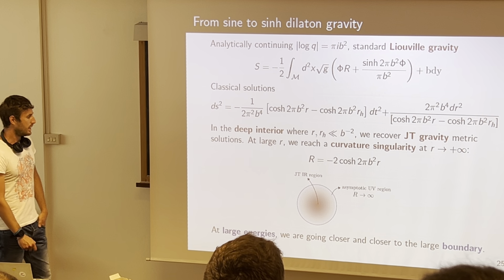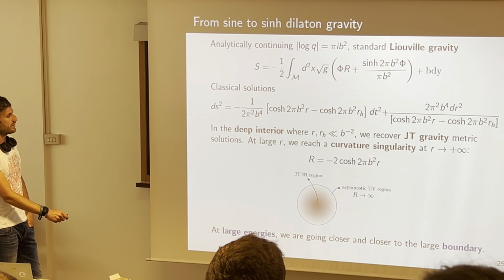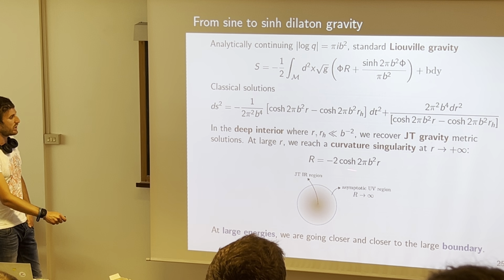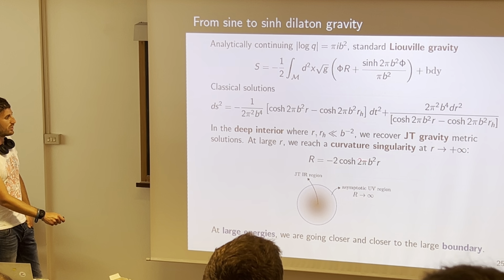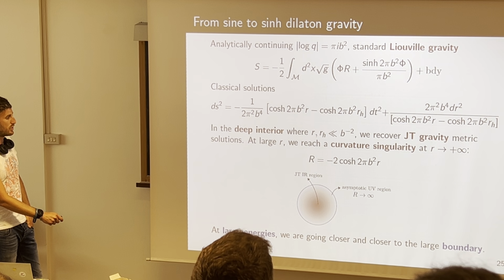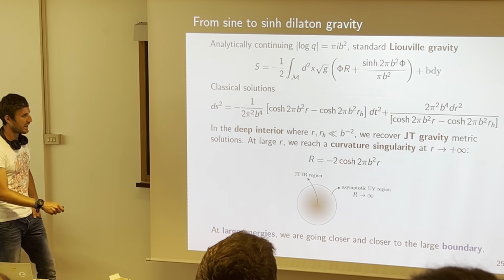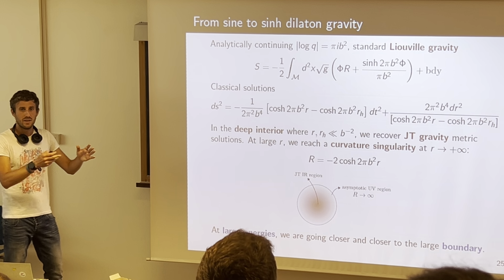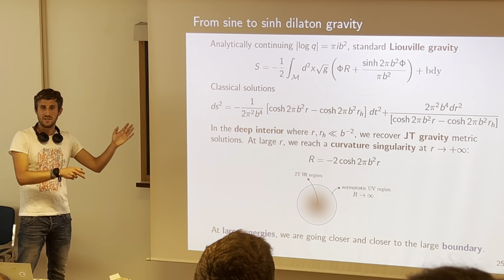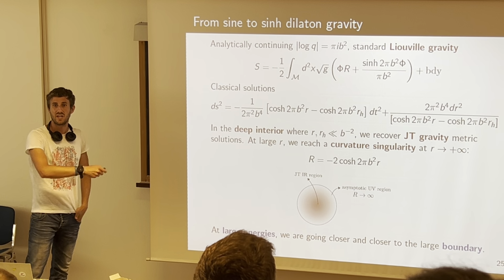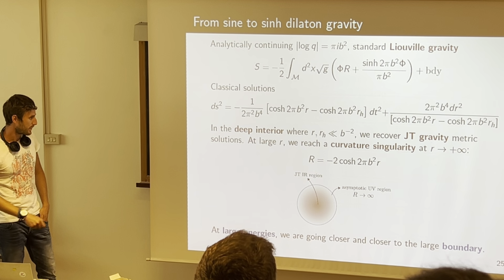But if you consider the scalar curvature in this theory, we see that close to the boundary, when r goes to infinity, the scalar curvature blows up. That's why what we learn in this theory, we can in some sense also learn about sine dilaton gravity, because there too the Ricci scalar was blowing up close to the boundary.